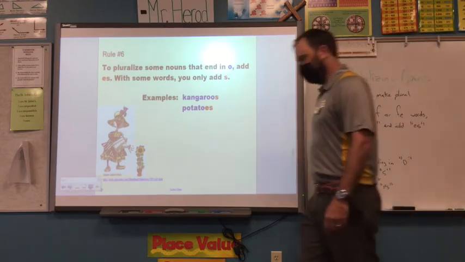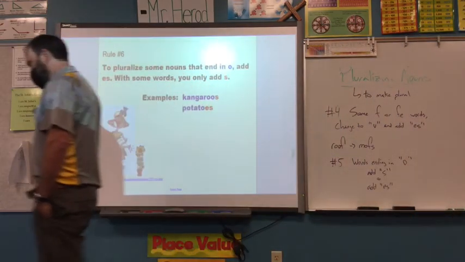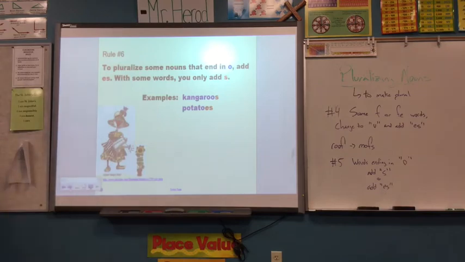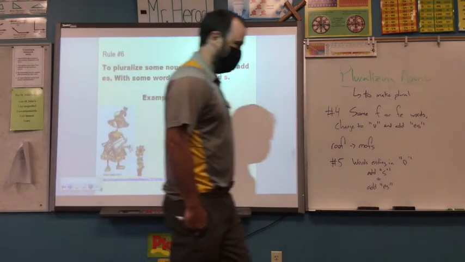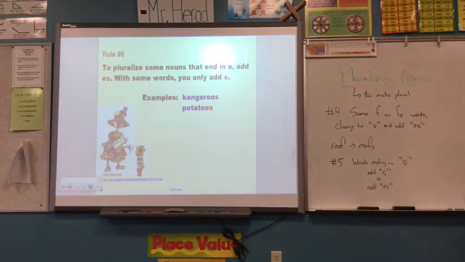And the worst part about this rule too is that British English spells most of these words differently than American English does. They add a lot more ES's than we do. So a lot of words that we would just add S to, they add ES. Same thing with O versus OU.